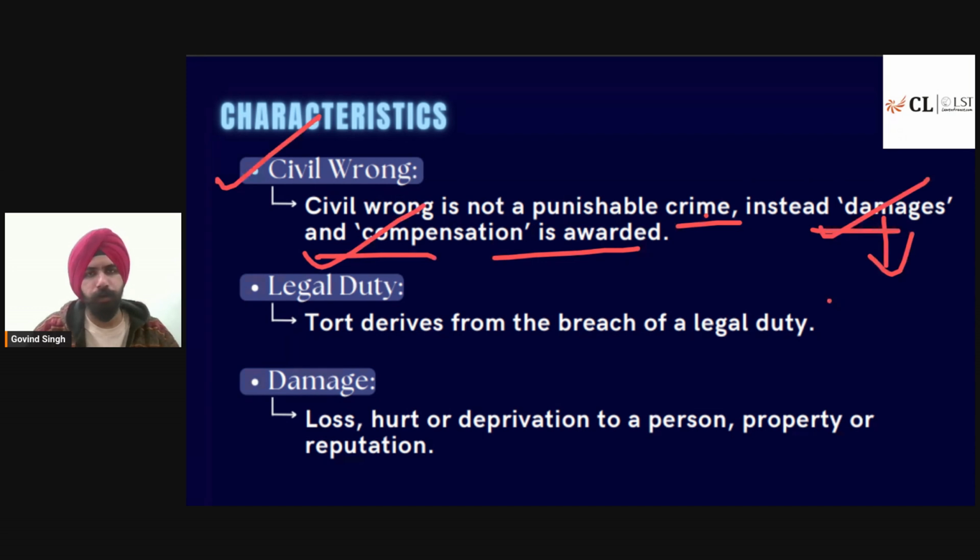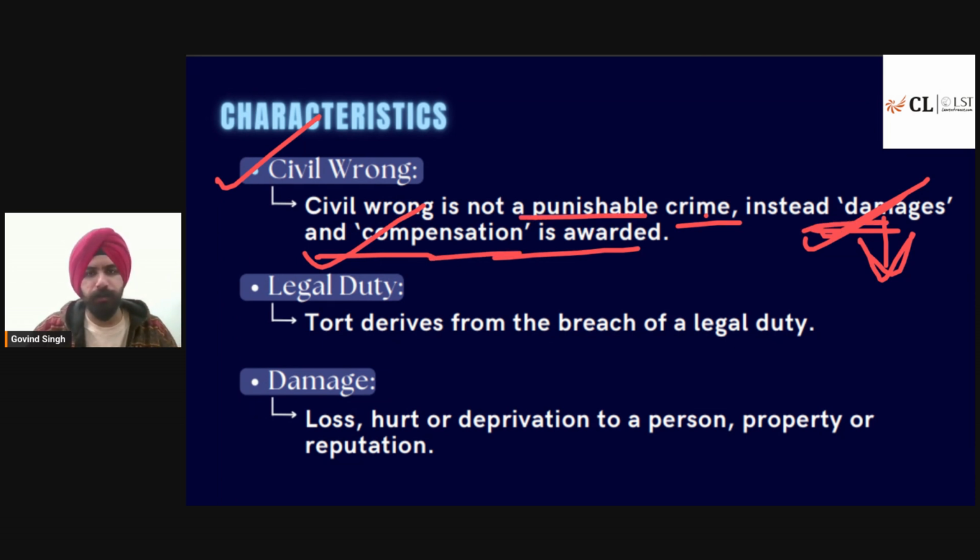Basically make good of your loss, whatever harm has happened to you or whatever you have suffered. It could be physical injury, it could be mental injury, it could be emotional injury. Making good of that loss through damages. This does not mean the damage which happens when, let's say, you crash your car. It's not that damage. Here, damage means compensation, you could say. It's not complicated. So, civil wrong is not a punishable crime.